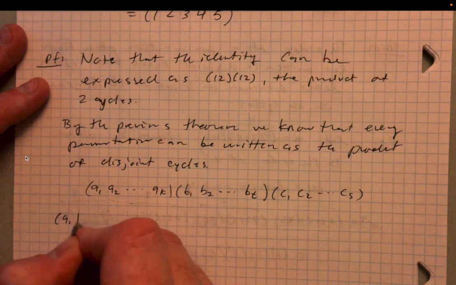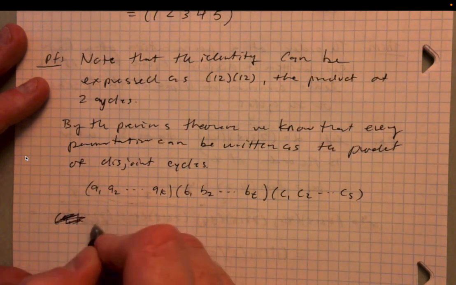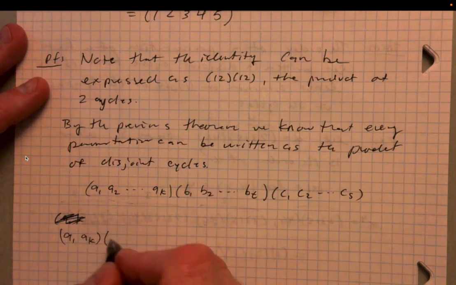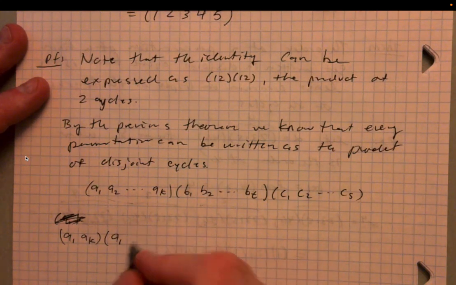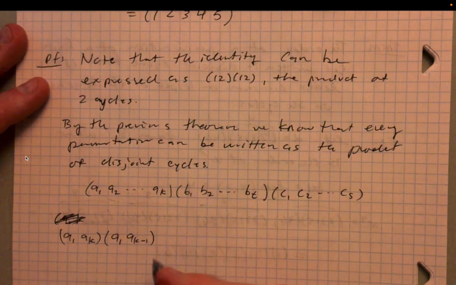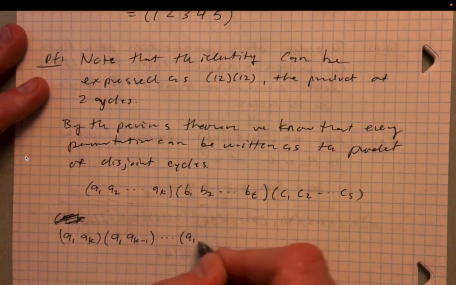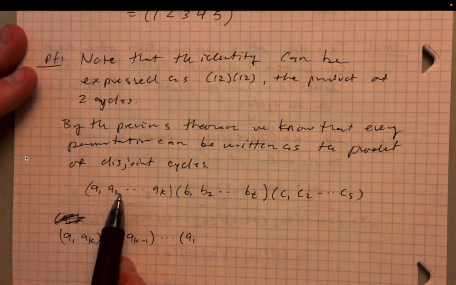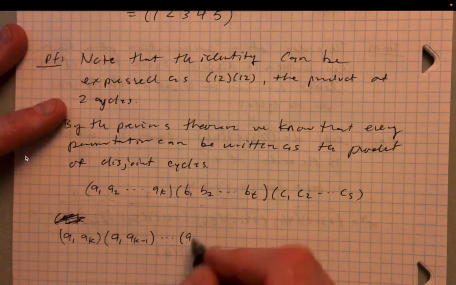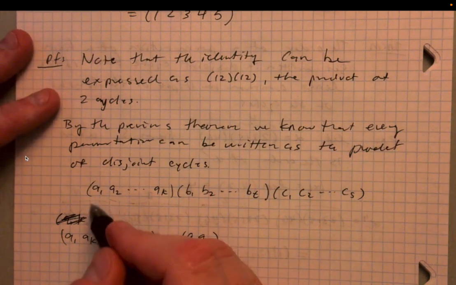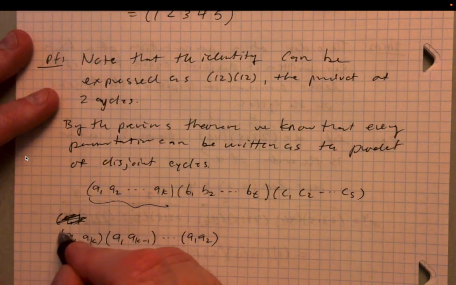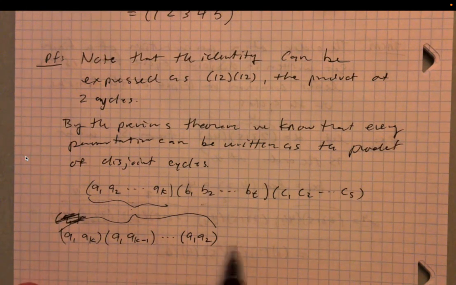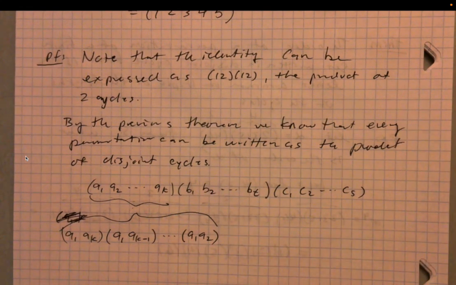So A1 and AK, and then A1 and AK minus 1, and then eventually K minus 1, K minus 2, and then you'll get up to 3, 2, right? Like this. So this piece here would map like that. These are all 2 cycles, obviously, right? It's just got 2 elements in them.